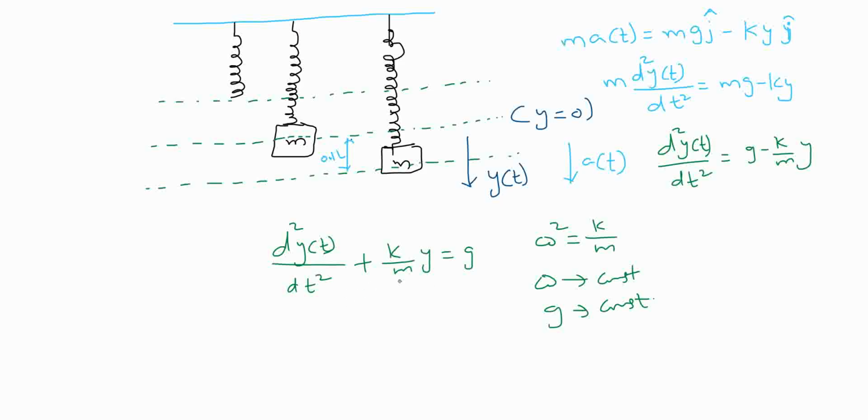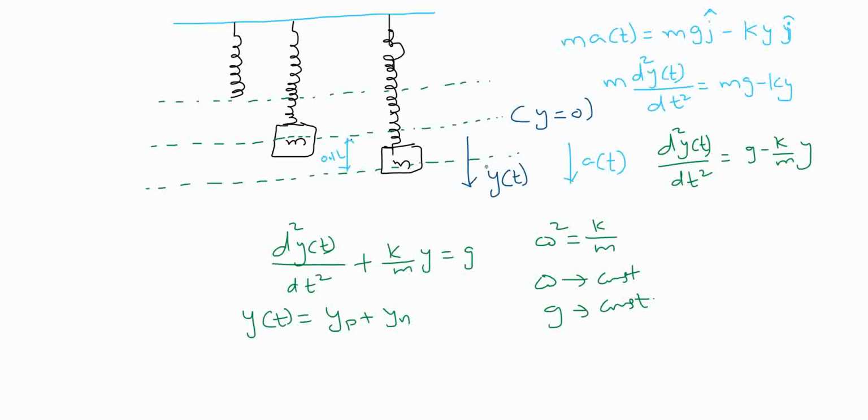We have a constant on this side. So the solution y of t will have two components, yp and yn.